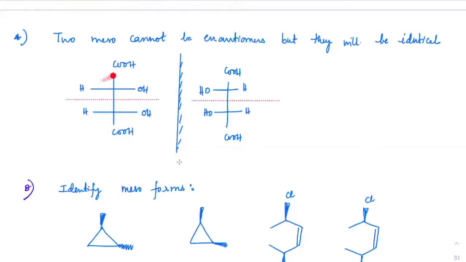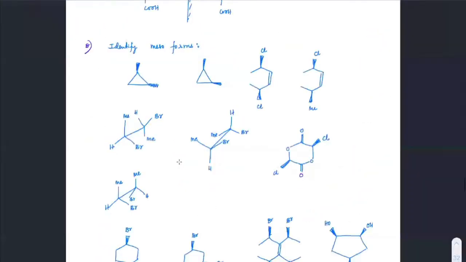So if light rotates with theta degrees here, it will rotate with minus theta with respect to this molecule. Overall, it would come out with zero angle. So that's why both of these molecules are optically inactive.